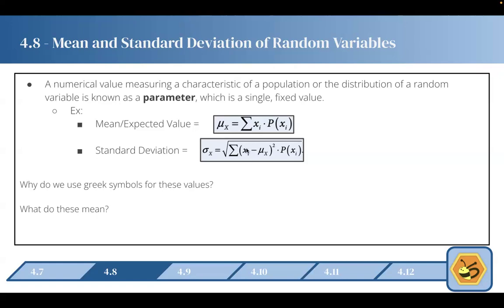So we're looking at the distance from the mean squared, times the probability that you're going to have that distance. Just to reiterate, we're looking at the squared distance of the individual observation from the mean times the probability of getting that distance. Once you add those together, you'll get what we call the variance. And then, of course, we need to take the square root of the variance to get the standard deviation.